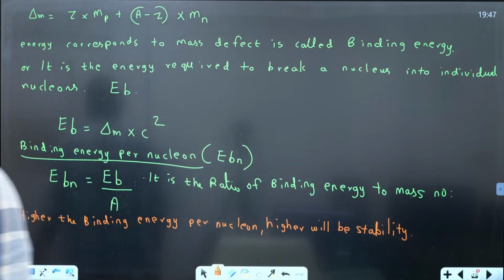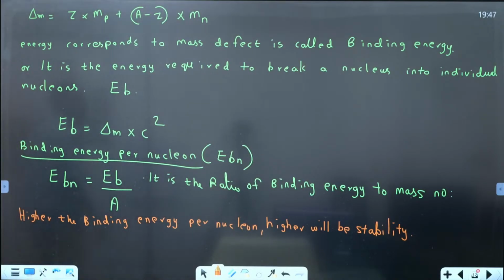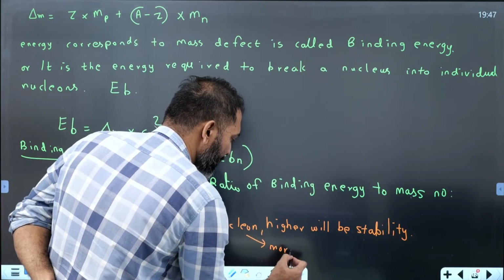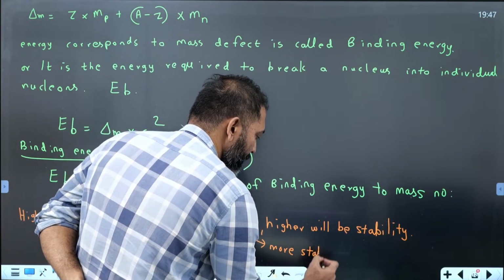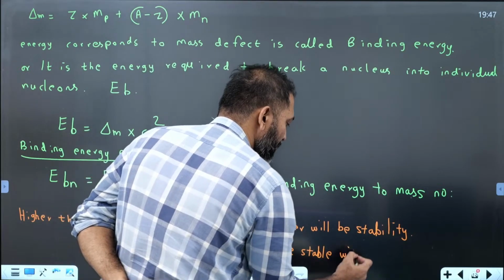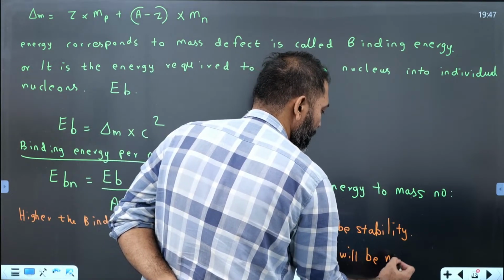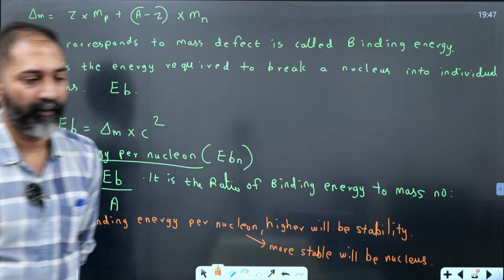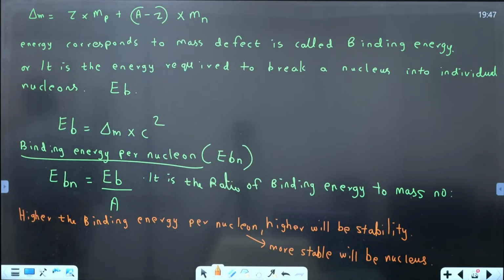So greater the binding energy per nucleon, more stable will be the nucleus. So binding energy per nucleon and nuclear stability are directly proportional.